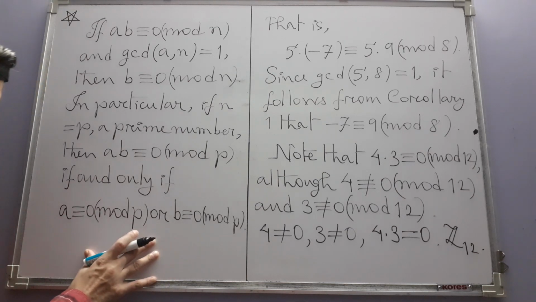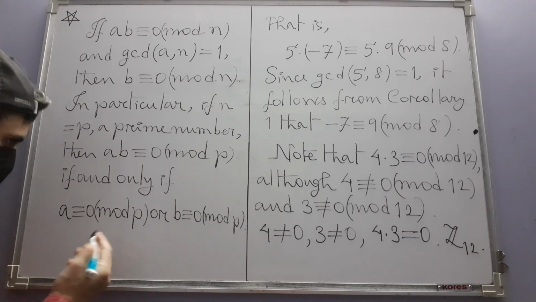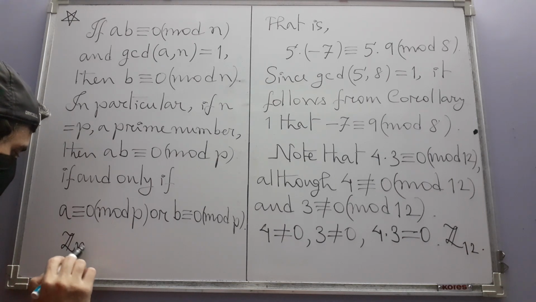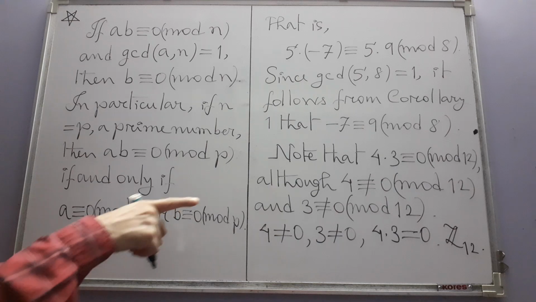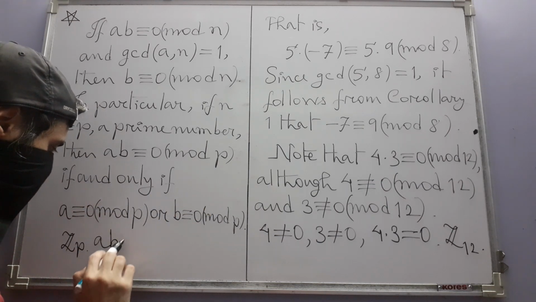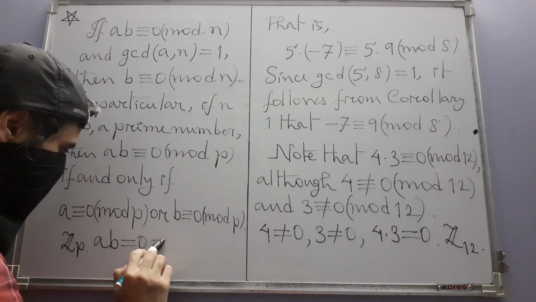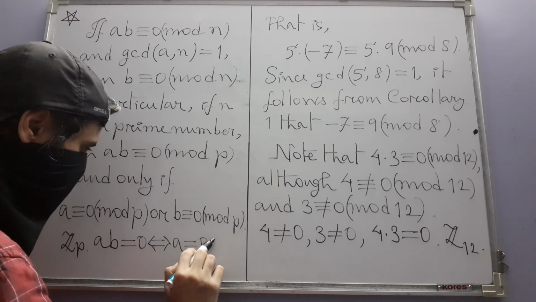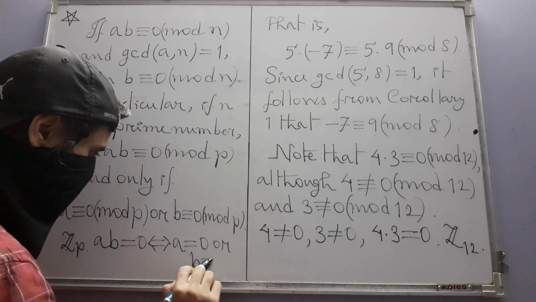The algebra version of this thing looks like this. In the ring Z_p, just like you have that ring, AB is equal to 0 if and only if A is 0 or B is 0.